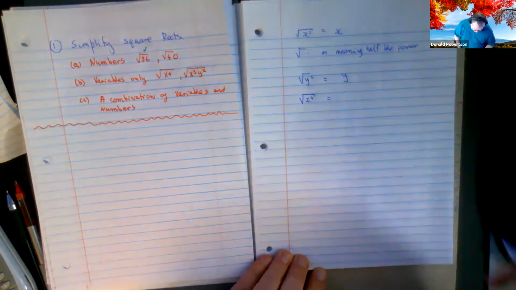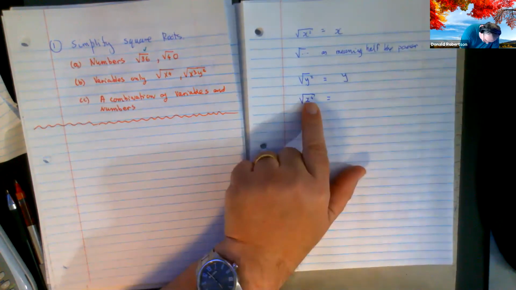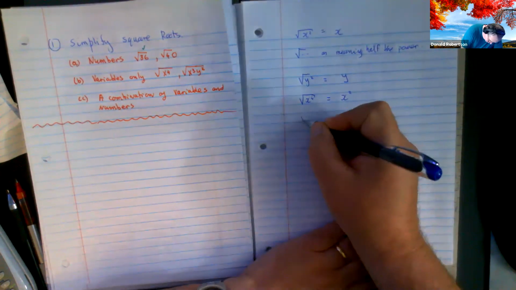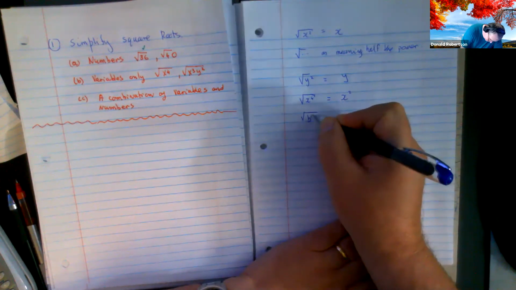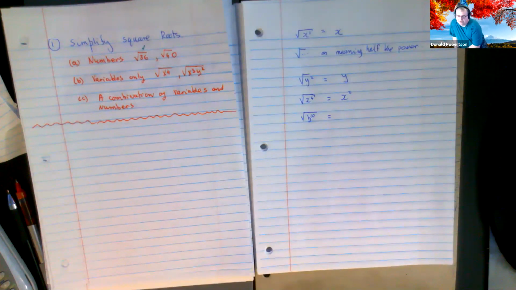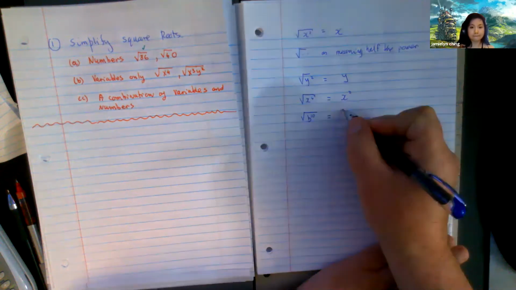Think of the square root as halving the power. Well, half of this power would be x squared. What about the square root of b to the power of 10 then? What would the square root of b to the power of 10 simplify down to? 5. Correct. Half the power.